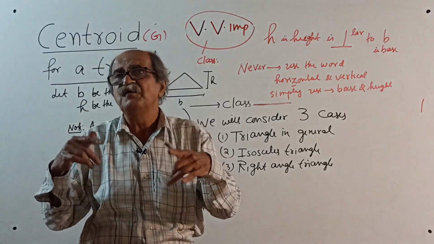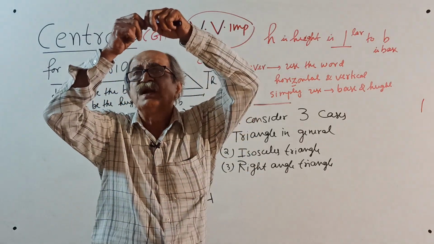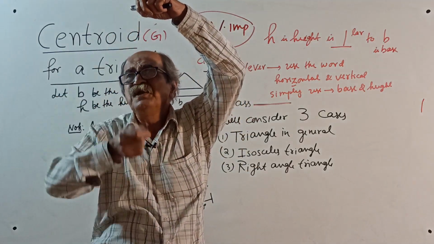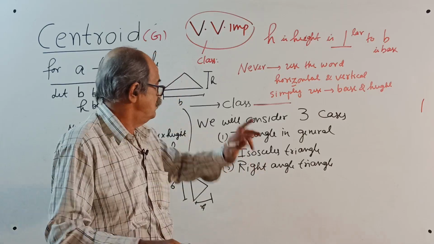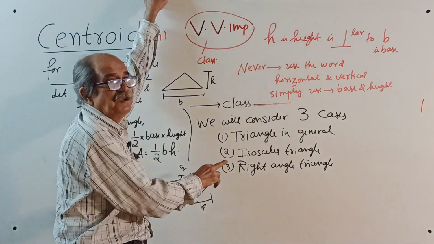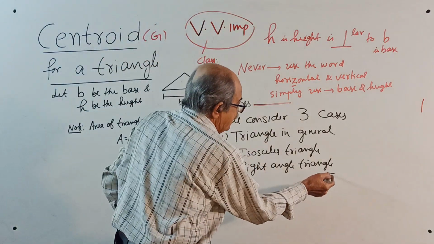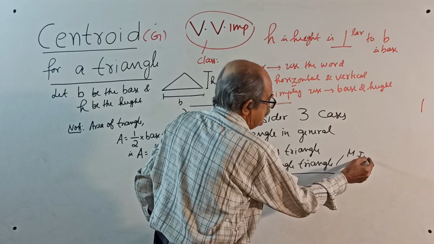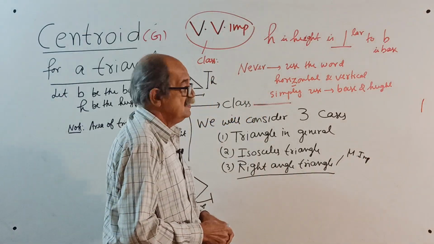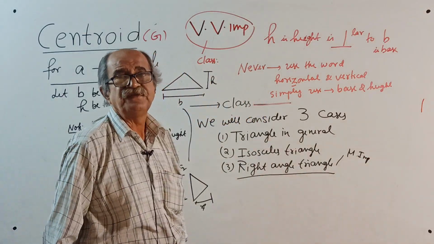Which angle is equal I will tell later. Or the vertex, if you draw a perpendicular to the base, it will divide it into 2 equal parts. Later I will tell you. Lastly, the most important, the right angle triangle. This is the most important. These 3 cases we will discuss.